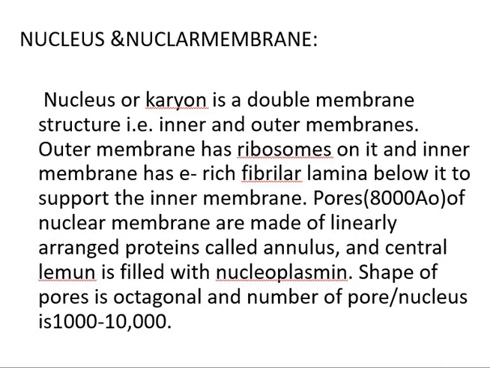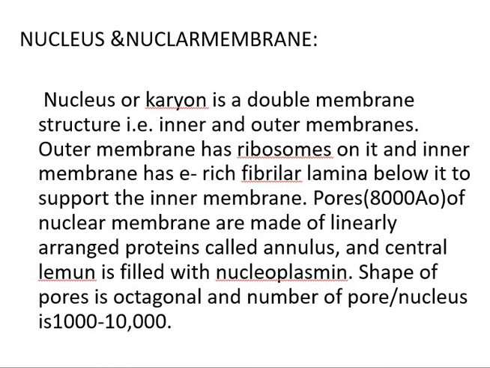The nucleus, also called karyon, is a double membrane structure, that is, an inner and outer membrane, as I have already told you. The outer membrane has ribosomes on it, and the inner membrane has an electron-rich fibrillar lamina below it, to support the inner membrane. The pores on the membranes are of 80,000 Angstrom.